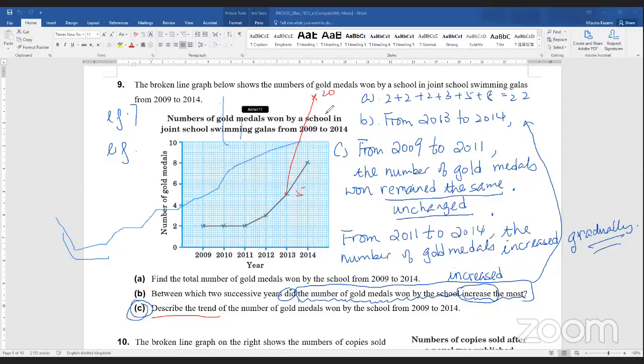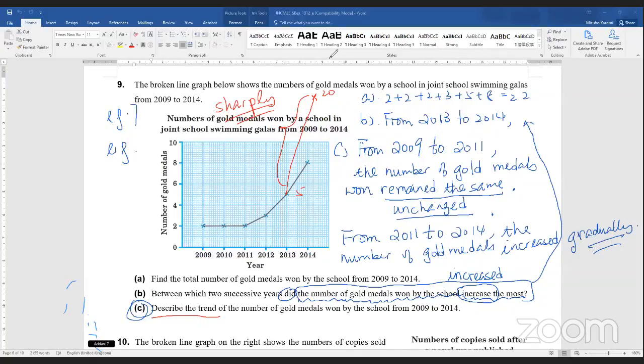Now in this case, this part, we say that it is sharply, okay, a very, very big increase, okay, sharply.